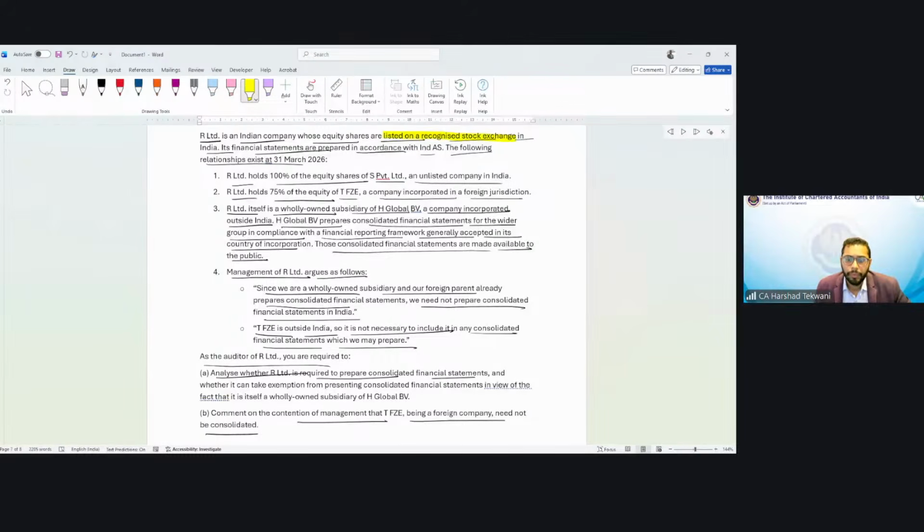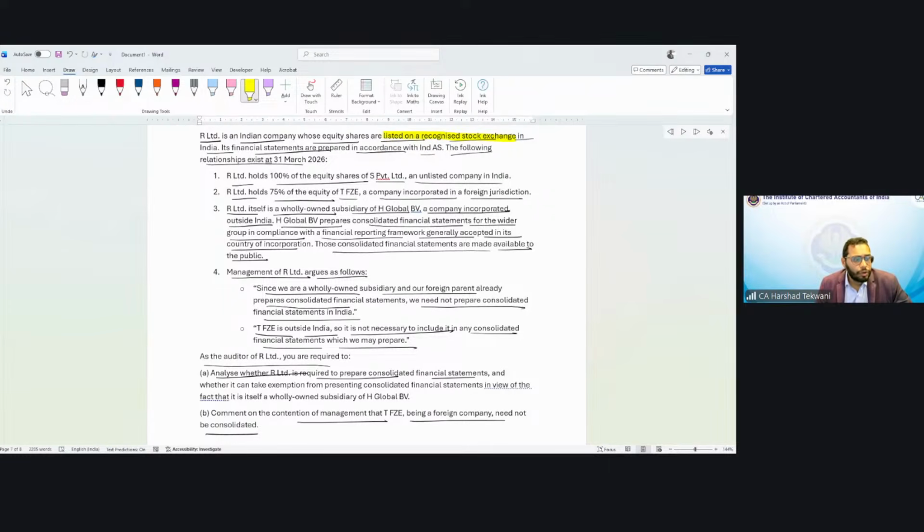Sir, section 129(3) talks about consolidation to be done for all the JVs, subsidiaries and associates. Correct. Section 129(3) does not restrict; it says all subsidiaries.